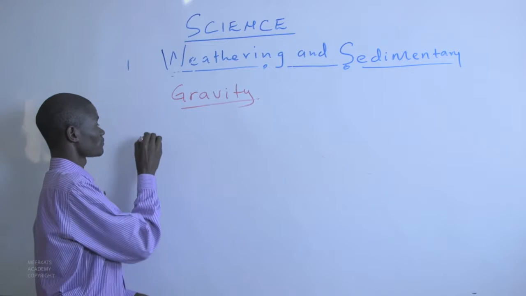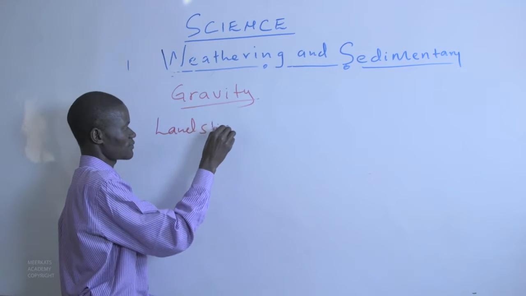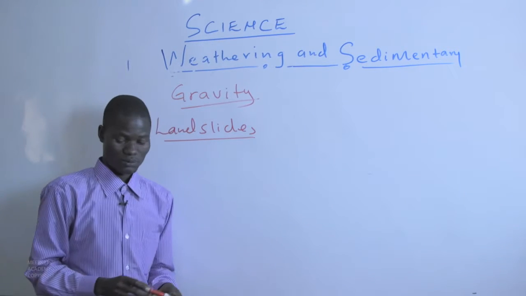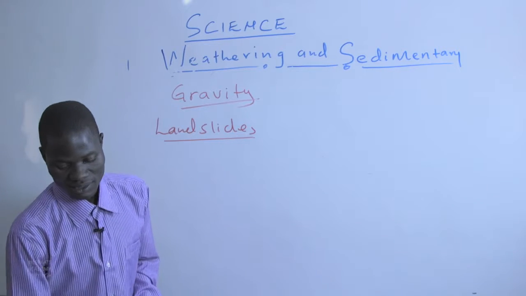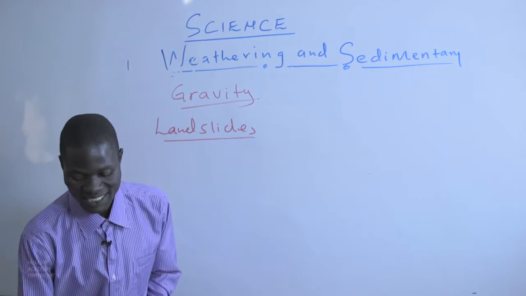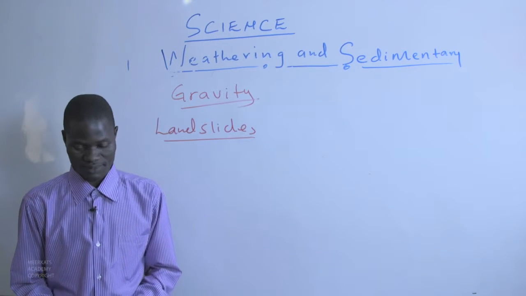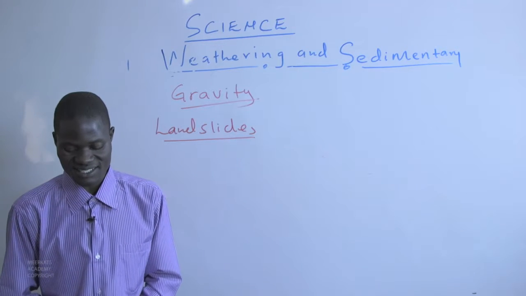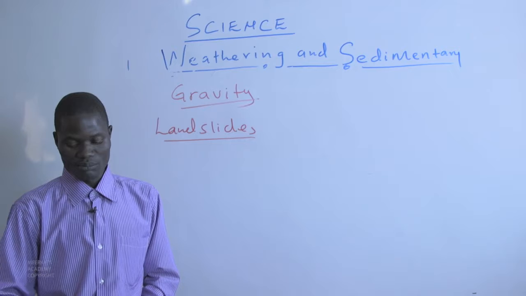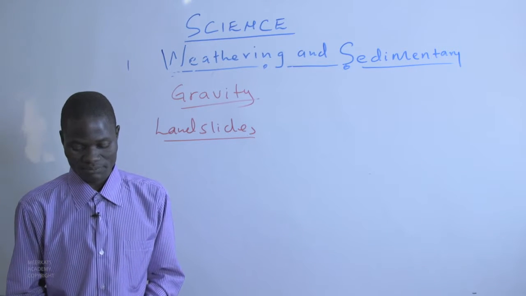For example, we have landslides. Landslides form what we call a downward or outward movement of rock debris, such as sand and pebbles, which are moved from one point to another.